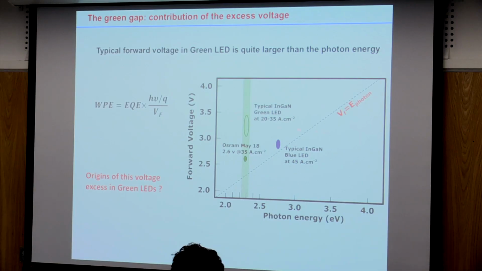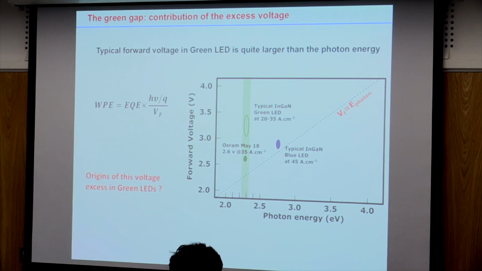Just to show you one origin of this green gap, which is a major issue in the efficiency of lighting: instead of having to apply a voltage just equal to the energy of the photons that you emit, which is true for blue LEDs. In blue LEDs, you supply 3 electron volts to each electron-hole pair. You apply 3 volts, and you get a 3 electron volt photon.